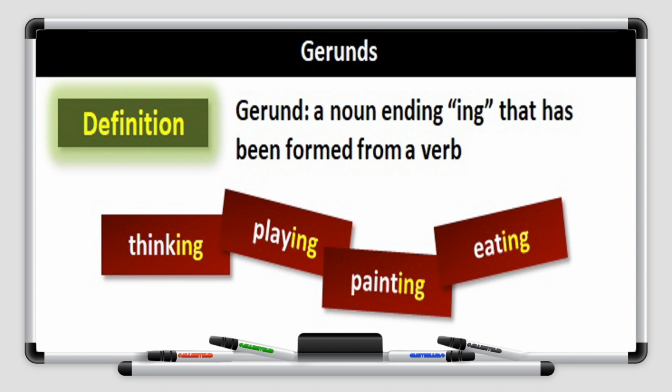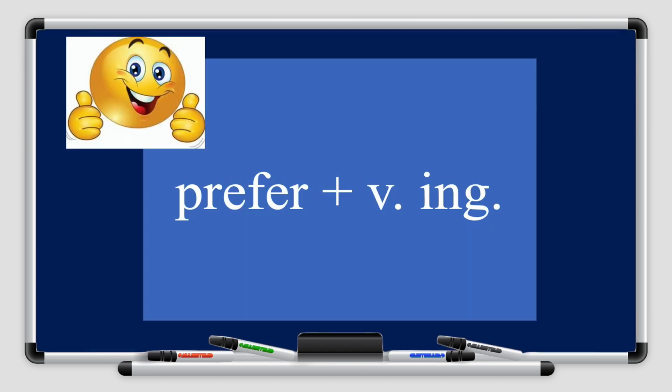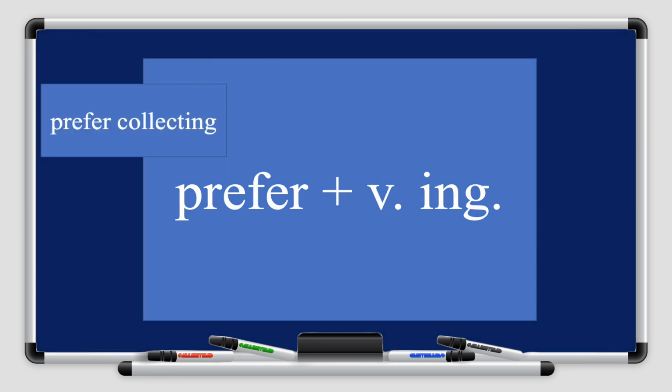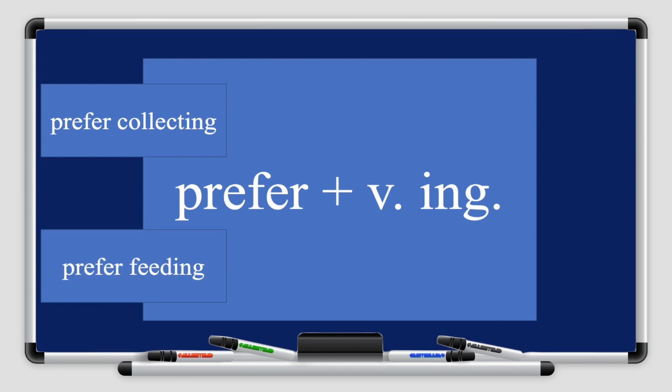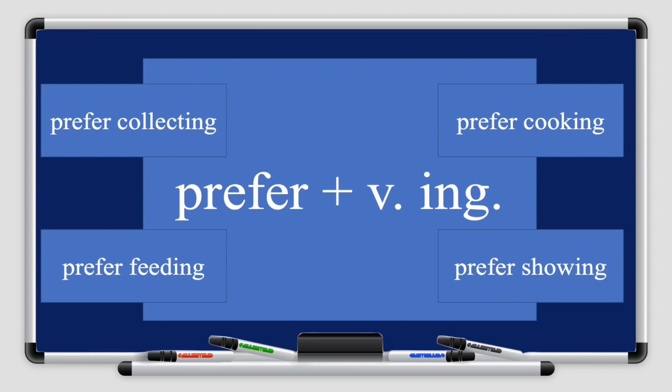Now, when do we change the verb into a noun? Well, when we see the word prefer. For example, when we say prefer, what do you prefer? I can say, I prefer collecting. I prefer feeding. I prefer cooking. I prefer showing. As you can see, we added ing to the verb.